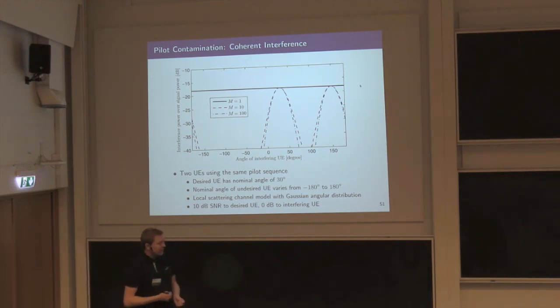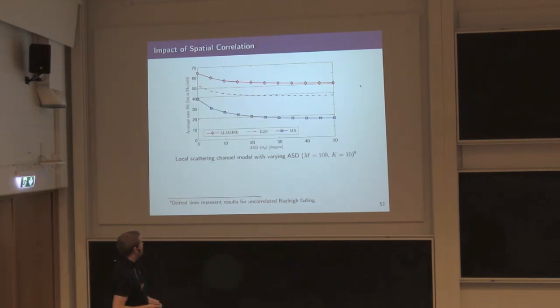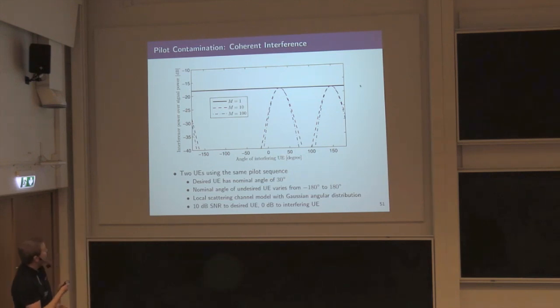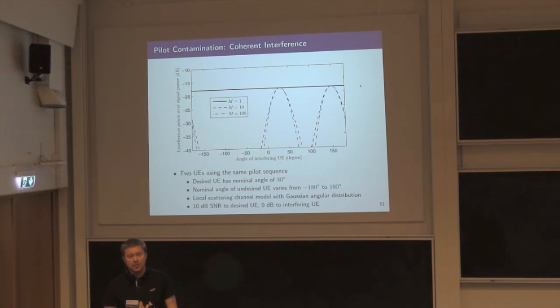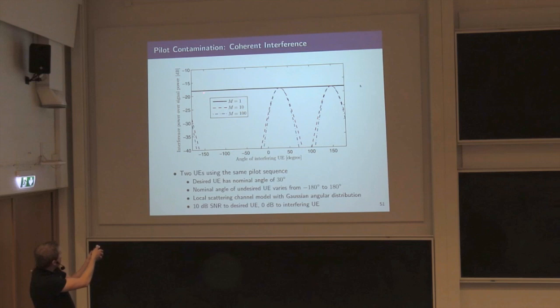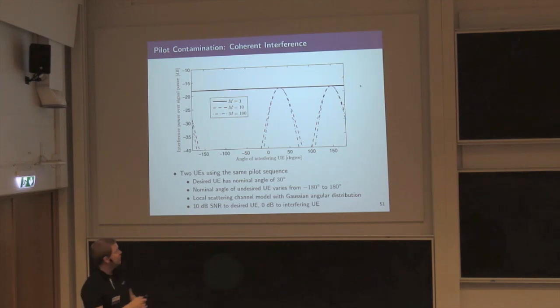So here we see clearly what impact coherent interference has on our performance in the system. It's mainly when users have similar covariance matrices that they will interfere a lot with each other. And what is also important to notice here is that this is what you get in the single antenna case, but also in an uncorrelated Rayleigh fading case.